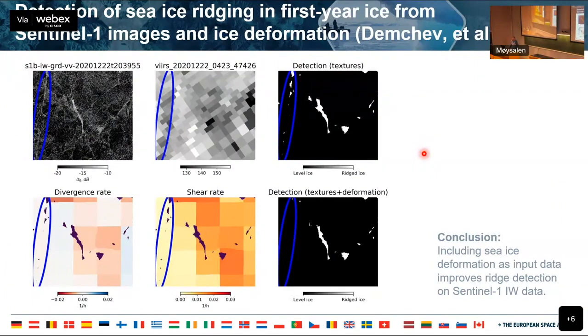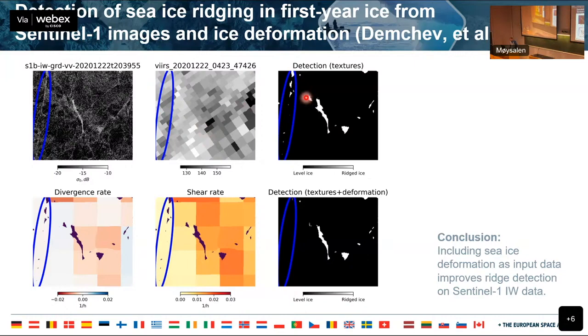Another example of ice classification is when we use not only texture, but also ice drift, or namely deformation. Here we can see a SAR image of a ridge and also an open lead. This lead is not visible on the corresponding VIIRS image.